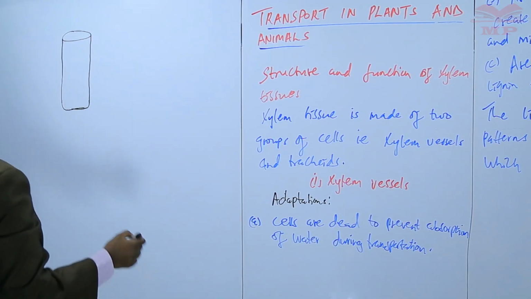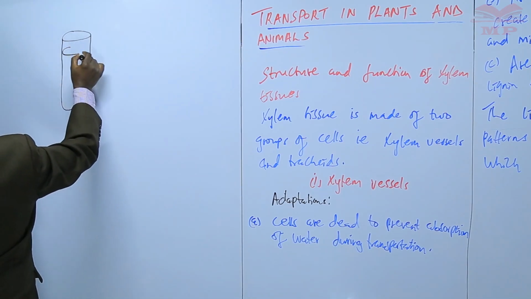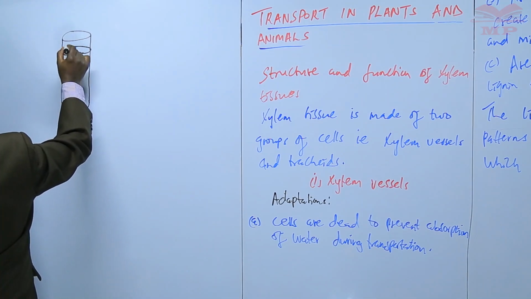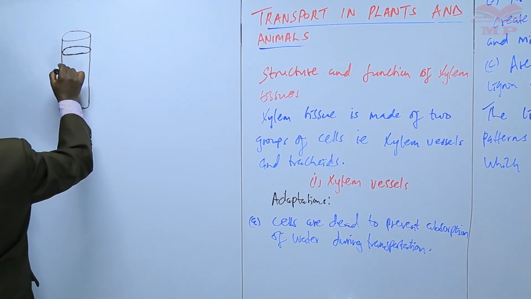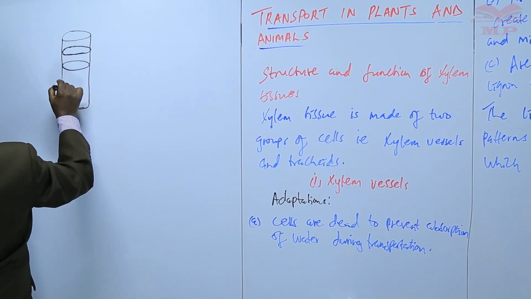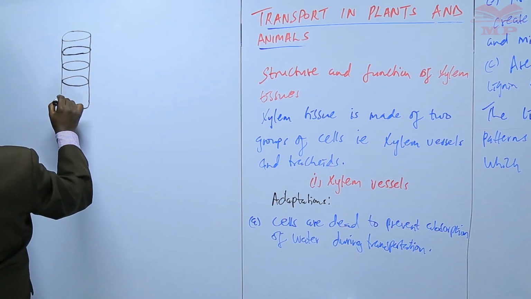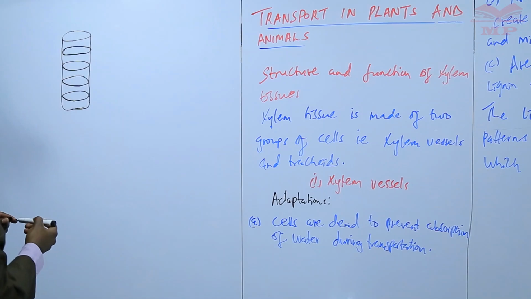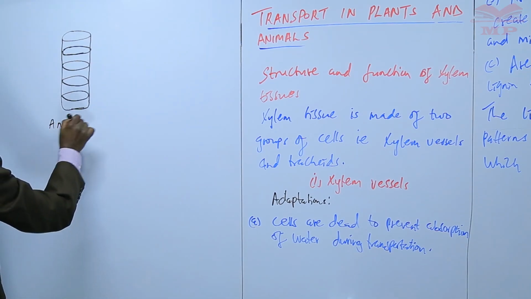There is a certain pattern of lignification where the lignin is deposited in annular rings. So we call this annular thickening.